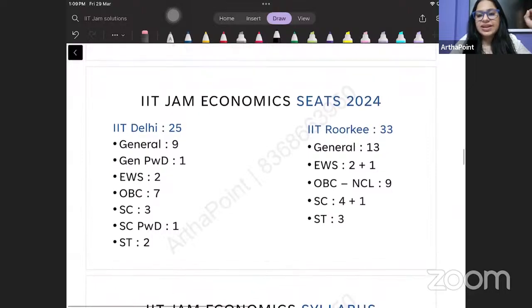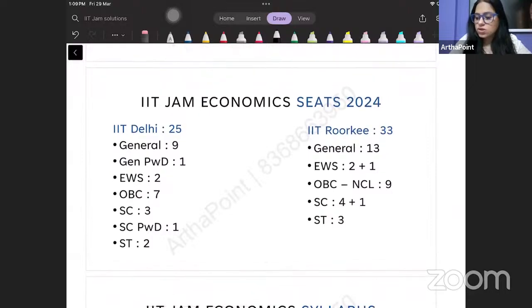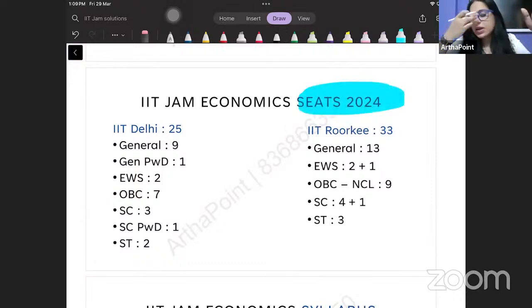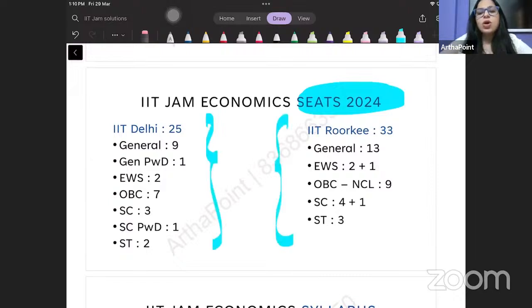But this is for the latest one, that is on the basis of 2024. That means जो बच्चों ने इस साल पेपर दिया है, this is the latest seat distribution of IIT Delhi and IIT Roorkee. And as you can clearly see, again we have 25 seats in IIT Delhi and 33 seats in IIT Roorkee.